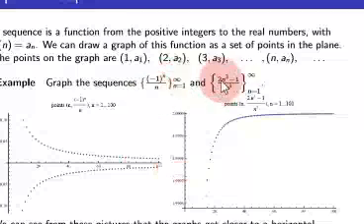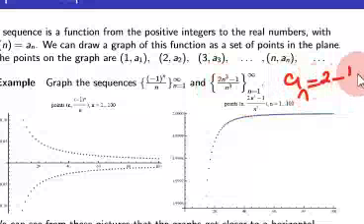Now look at this other sequence. This is the nth term, and you can simplify it. Here you have 2n cubed minus 1, divided by n cubed. Simplifying, a sub n is 2 minus 1 over n cubed.